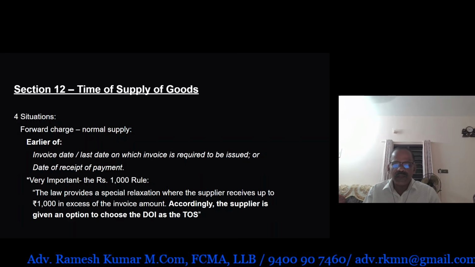This is a small provision, but it is worth remembering because it is specifically provided in section 12. In such a case, the supplier has an option to choose the date of invoice as the time of supply. So, for normal supply of goods, remember one formula: invoice date or last permissible date versus payment date. Take the earlier one.